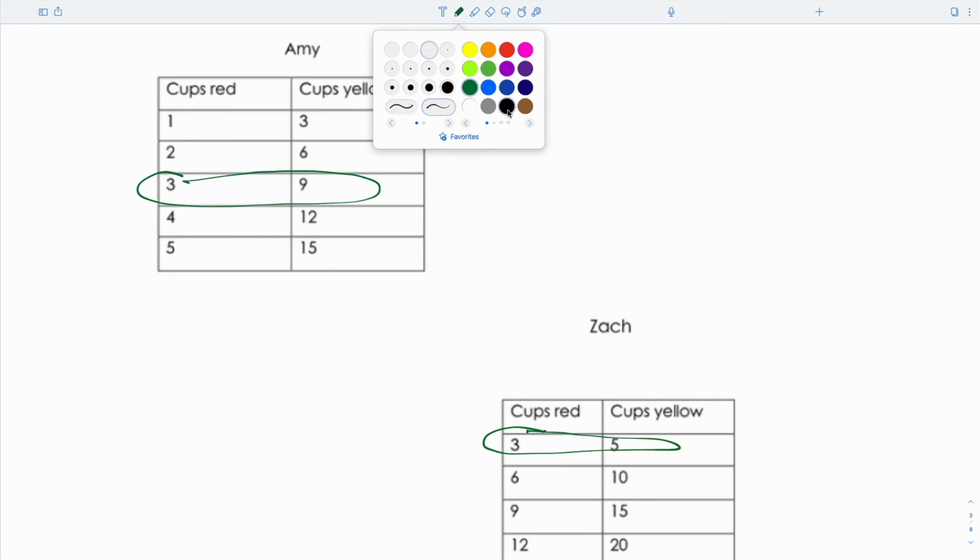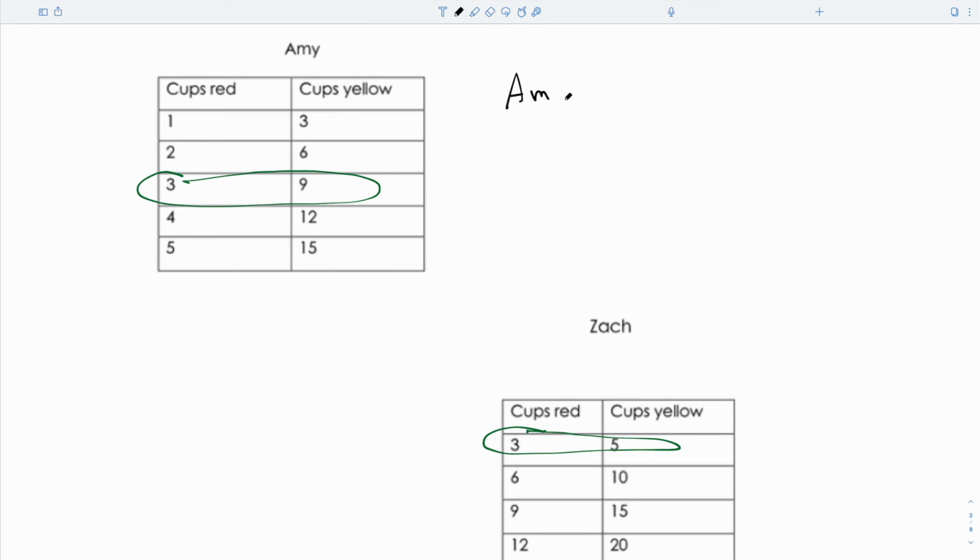So I'm going to say that Amy's mixture is yellower, or more yellow. Is yellower a word? Don't want Mr. Coaches to come interrogate me. We'll put more yellow.